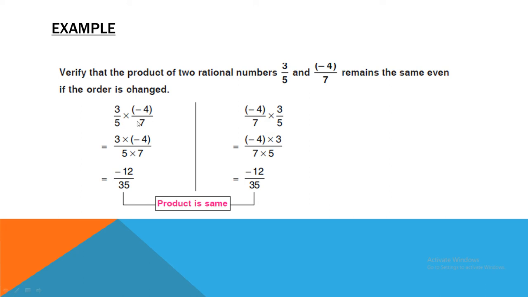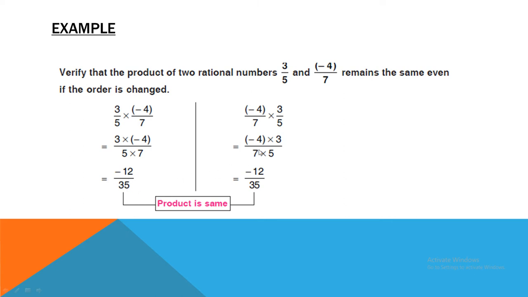Now we have to multiply. You know the rule of multiplication: multiply numerators together, denominators together, and then check if we can cancel anything. No. So 3 into minus 4 is minus 12, and 5 into 7 is 35. So the left hand side is minus 12 upon 35.